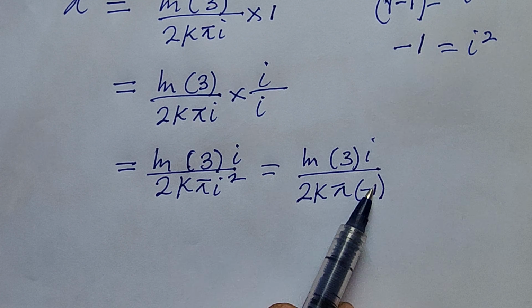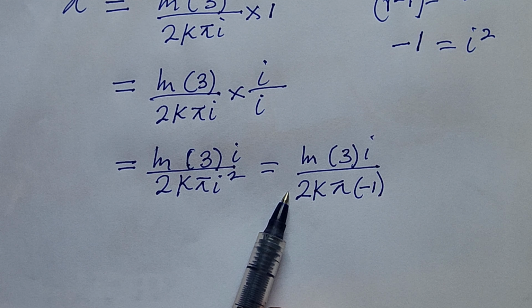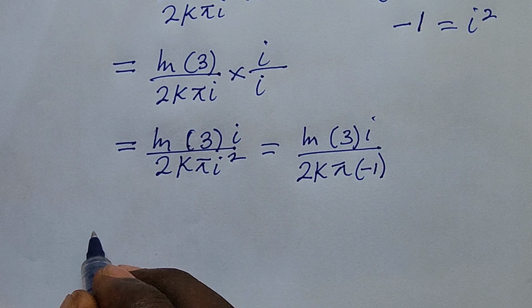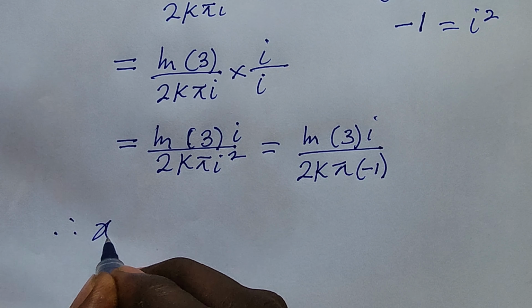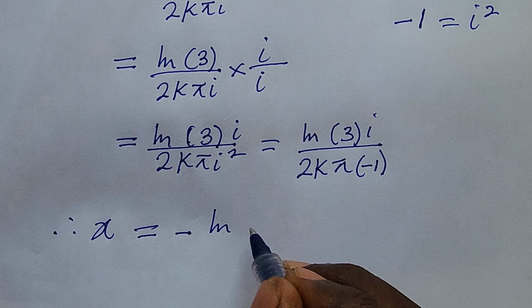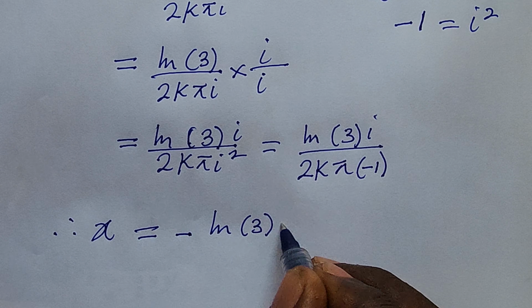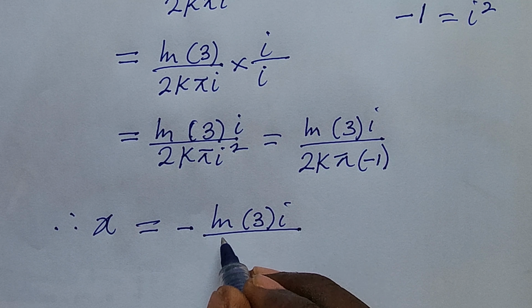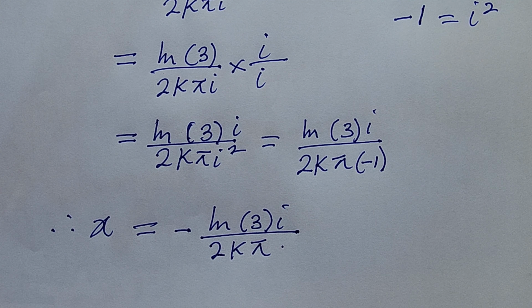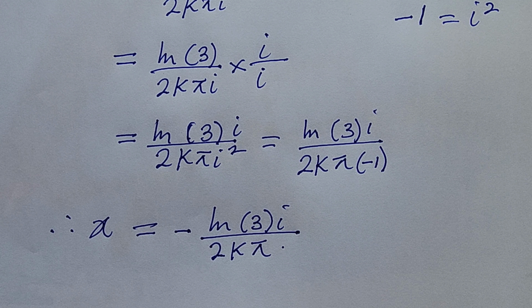Good. So the minus 1 comes to this side like this, and we can rewrite this. Therefore, x is equal to minus ln of 3i all over 2k pi, where k is a set of constants ranging from 0, 1, 2, 3 to infinity, right?